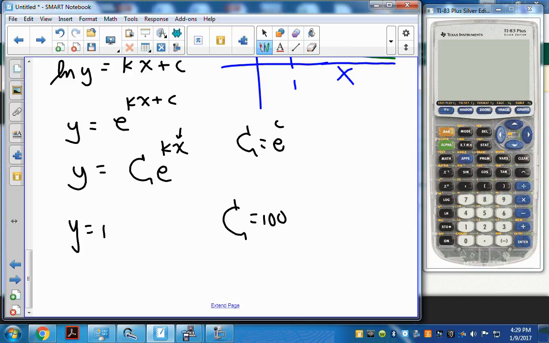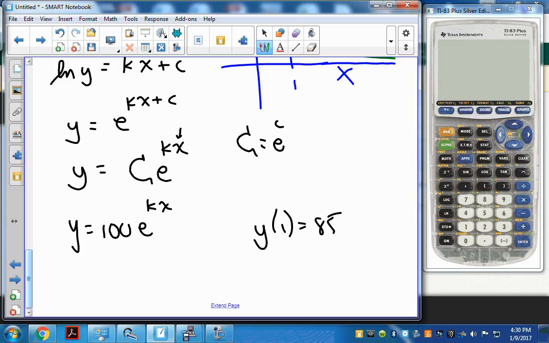Y is 100 e to the kx, and then we'll put our second condition in, that y of 1 was 85, I believe. Yeah. So y of 1 is 85.